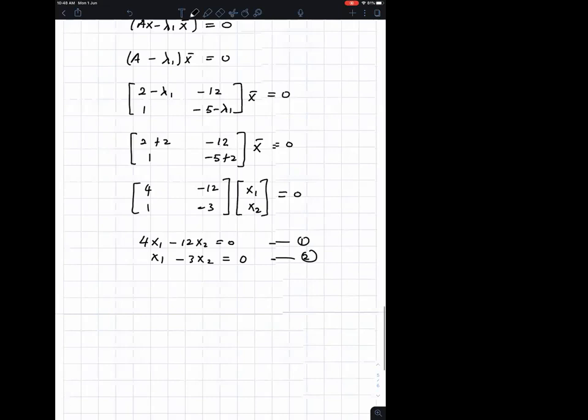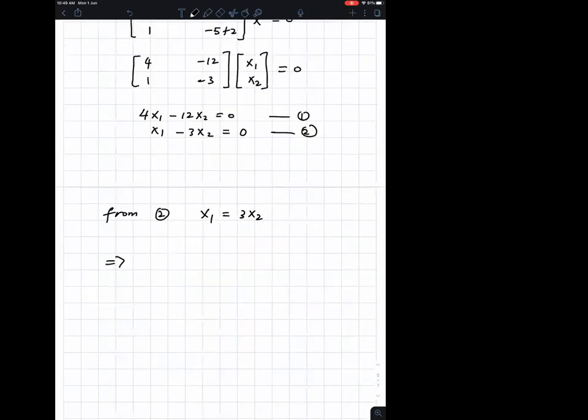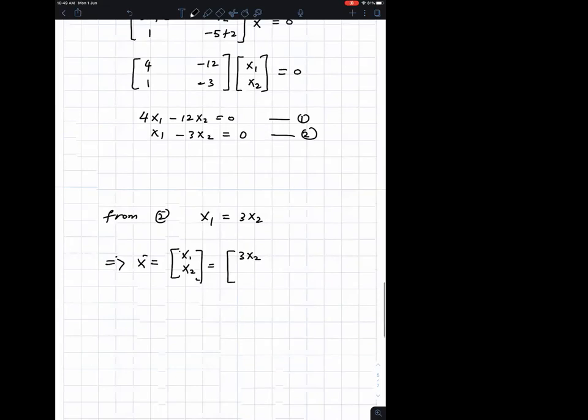From equation 2, x1 can be solved. x1 is 3x2. So you replace your x1 with 3x2, and x2 is simply x2.